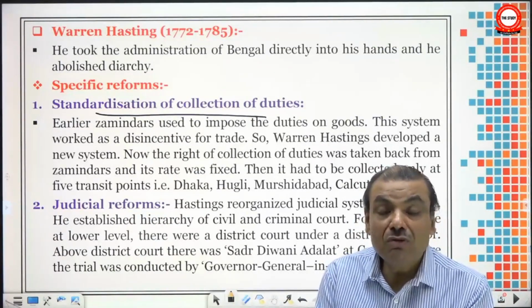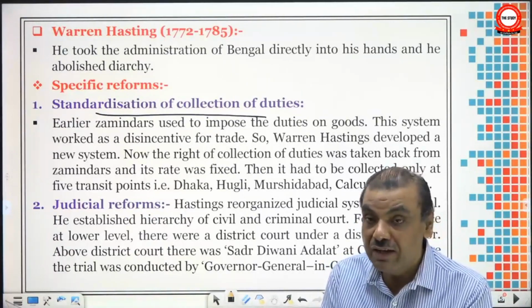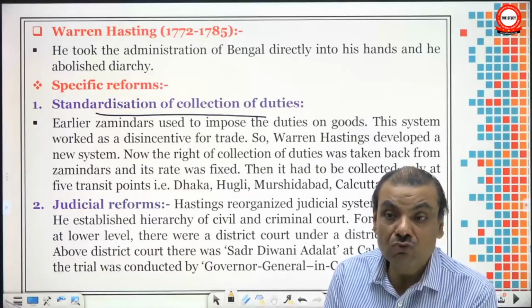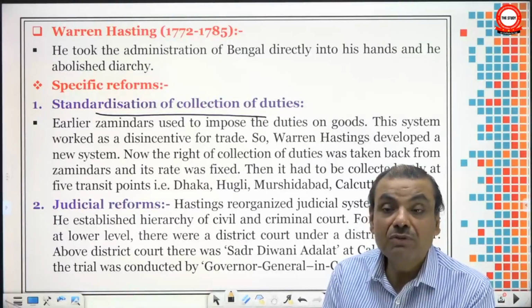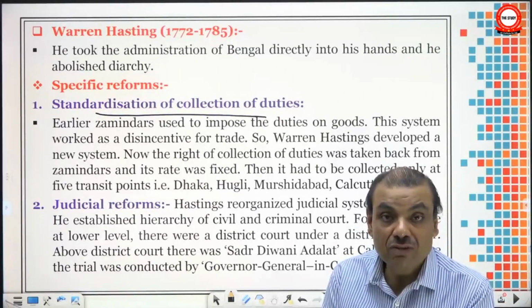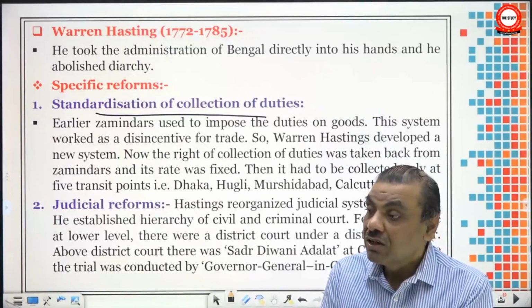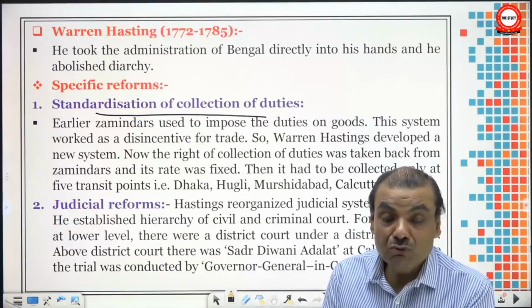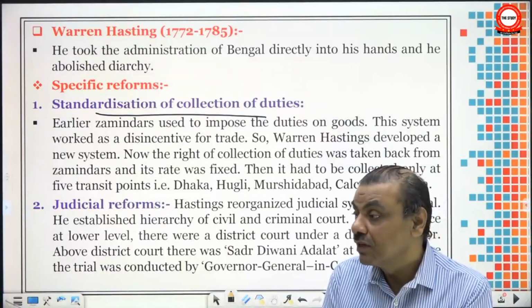Normally such duties were collected by zamindars, who were active in different areas, at every 2 and 4 kos or miles. There was some zamindar who used to impose the tax. So it was working as a disincentive for trade, because it enhanced the cost of the products, as you can very well imagine.